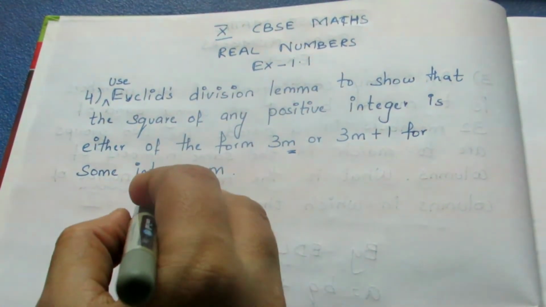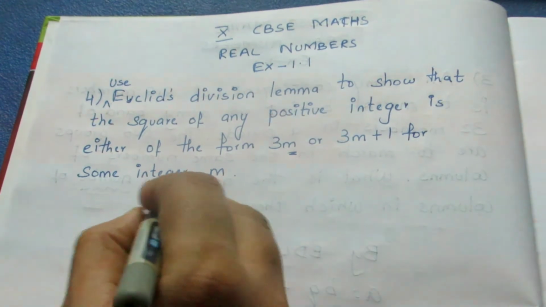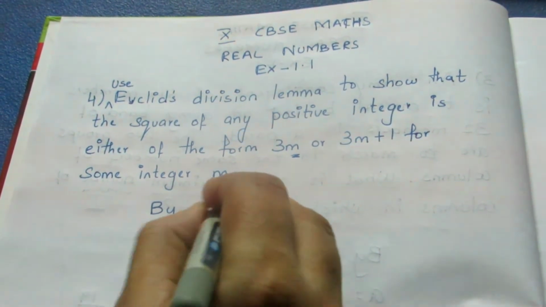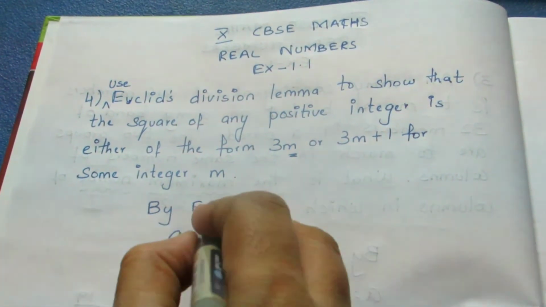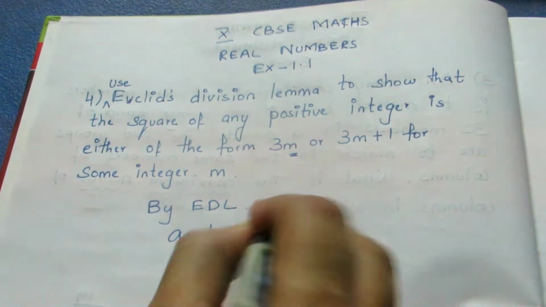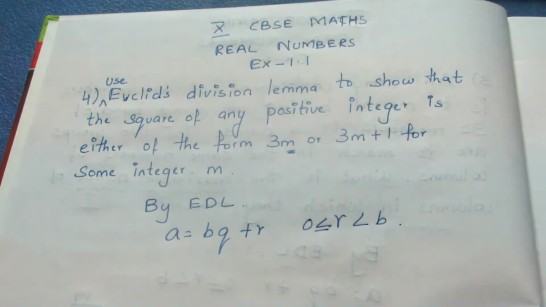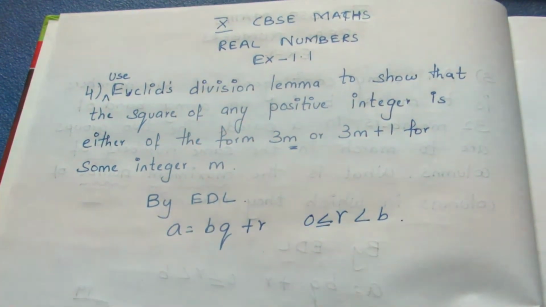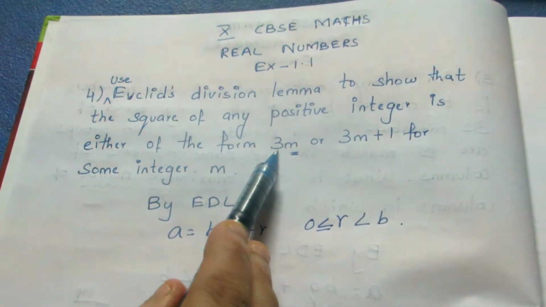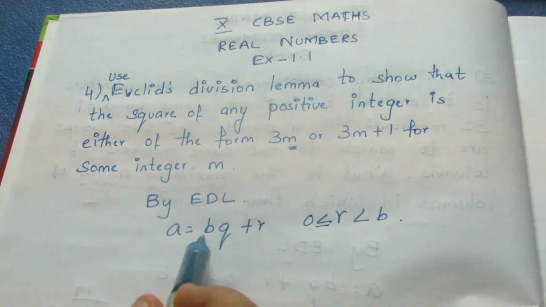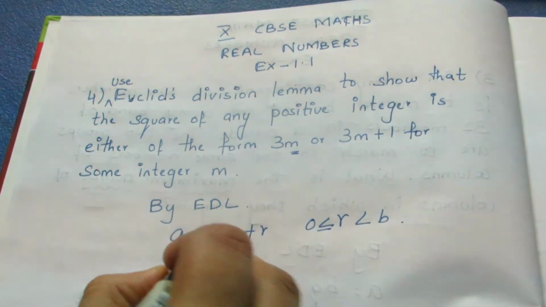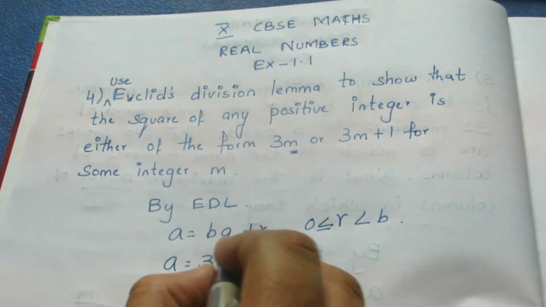We know that according to Euclid division lemma, a is equal to bq plus r, where r is greater than or equal to 0, less than b. Now here they have given 3, so take 3 to be your b. So a is equal to 3q plus r.